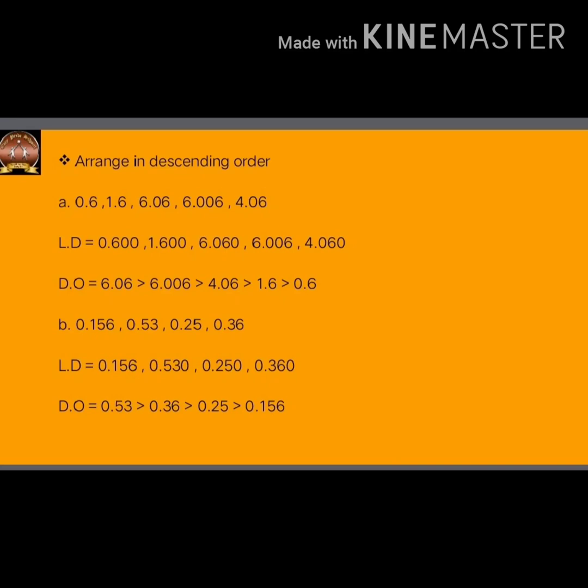After 5 I can find the last one, that is 0.360, then 0.250, and last 0.156. We have got this result with the very first comparison at the 10th place. So this is how we arrange in ascending and descending order for the decimal numbers.